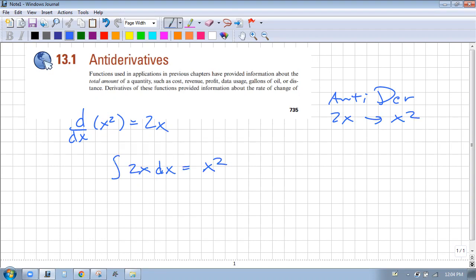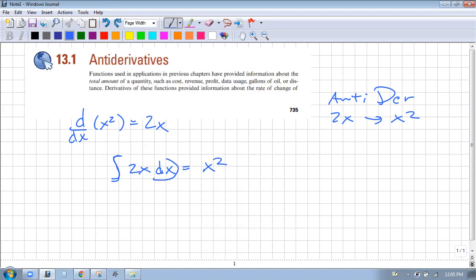So this is the opposite of the derivative. It's the antiderivative. The derivative of x squared is 2x, so the antiderivative of 2x is x squared. Does that make sense? Just going backwards.